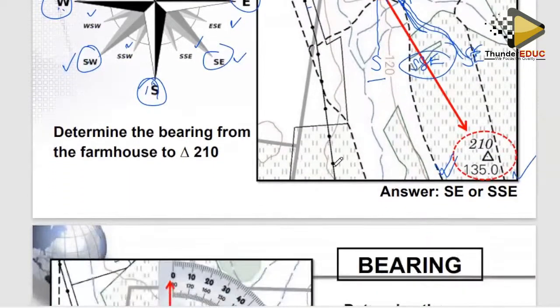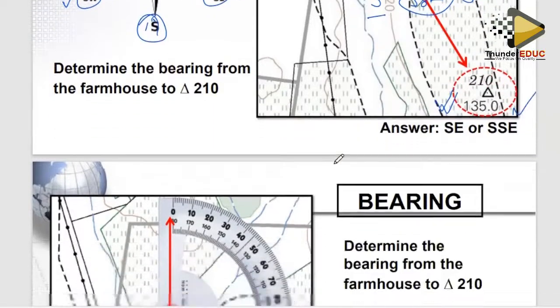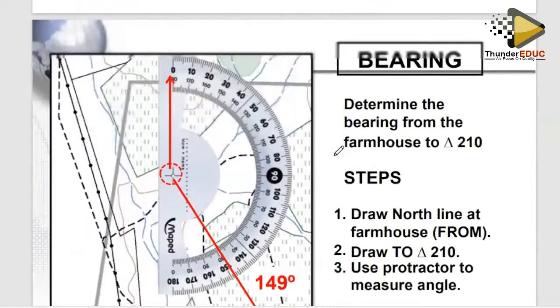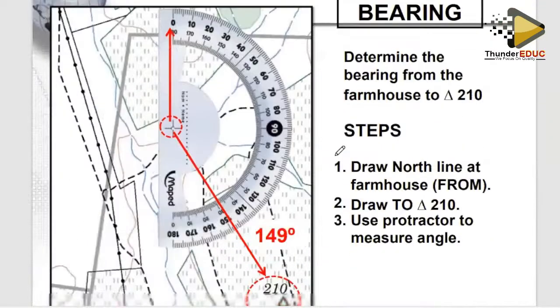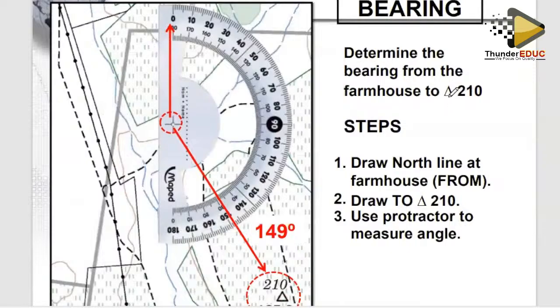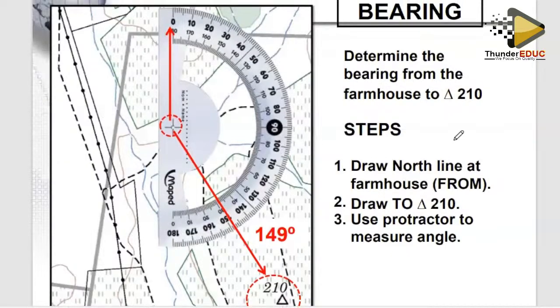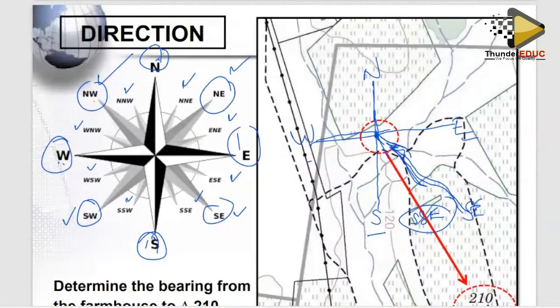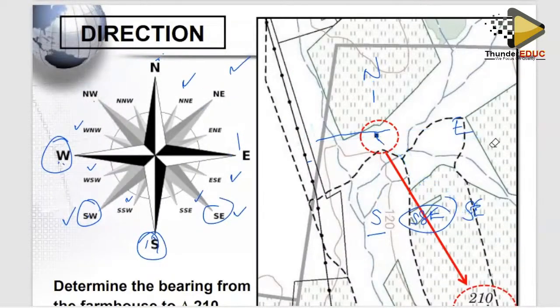Then the other thing is also saying determine the bearing from the farmhouse to trig station number 210. Right. What you need to do there, I'll just illustrate how you use your protractor to determine the bearing of that trig station from the given point on the map, from the farmhouse to the trig station.